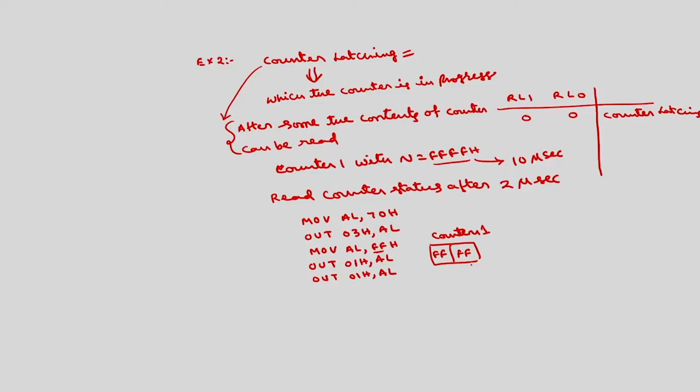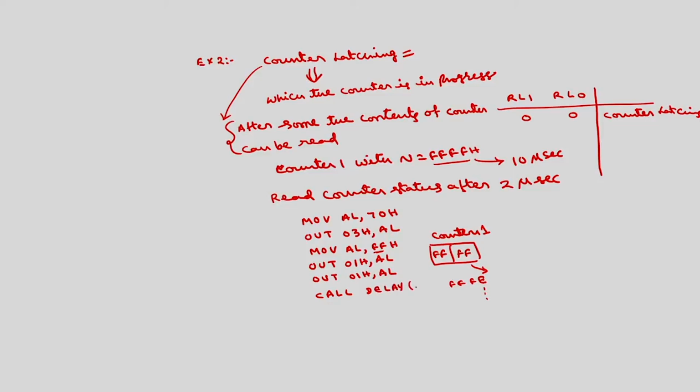So this goes on decrementing the count, because this will be a down counter. After one clock signal, this becomes FFFE. Like that, upon every clock signal at the negative edge, this count is going to decrease. So in between, I will write a call subroutine, CALL DELAY.